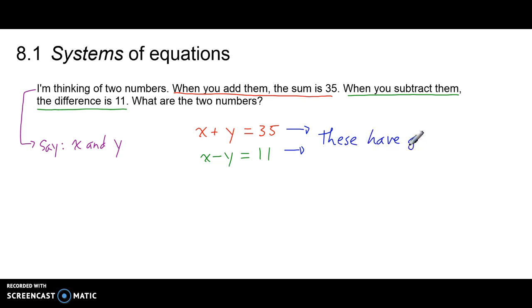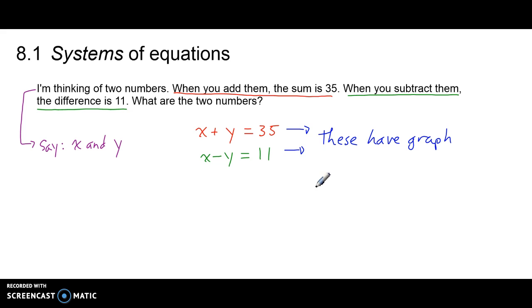And if you graph them, the picture's going to tell you something that the equations might not tell you. That's actually one of the reasons why we learn graphing at all, because the picture conveys information in a different way and maybe a more useful way.